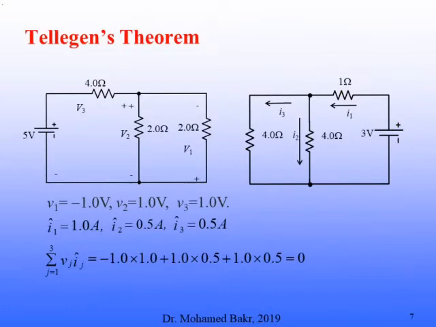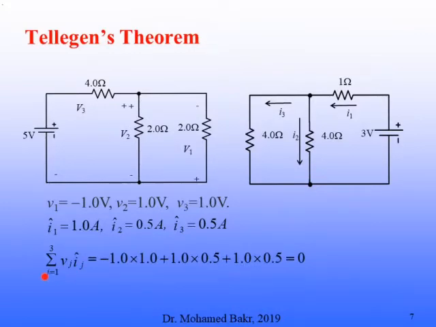So if we find the voltages in the first circuit and the corresponding currents in the second circuit, so this is I1 hat, this is V1, this one is I2 hat, this is V2, this is I3 hat, this is V3. So I pick the voltages from one circuit and the currents from the other circuit.